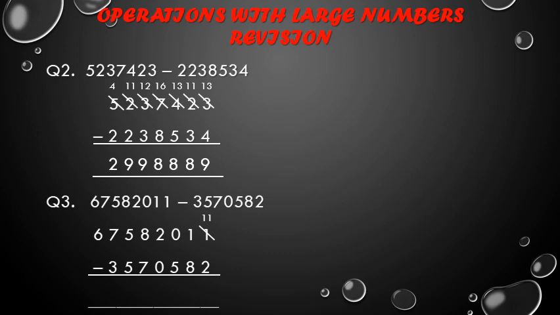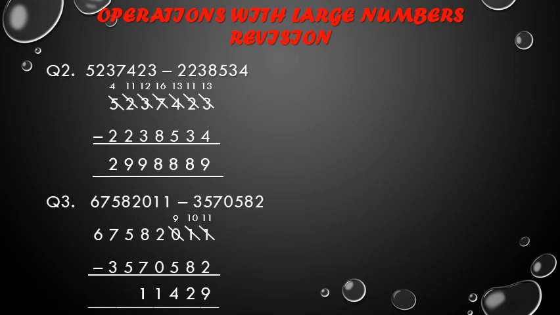So now 11 minus 2 is equal to 9. Similarly, at tens place, we will subtract 8 from 10 and we get 2. At 100 place, we will subtract 5 from 9, we get 4. At 1000 place, we subtract 0 from 1 and we get 1.